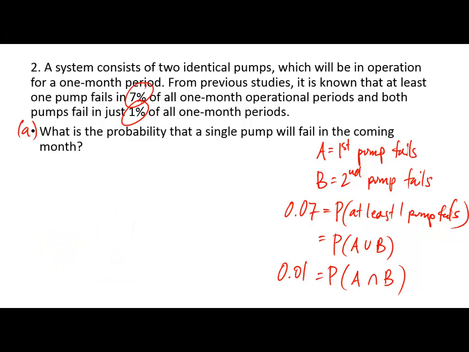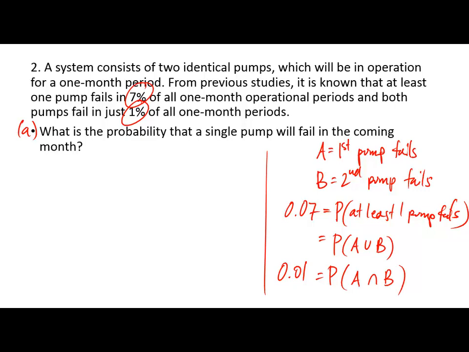Now that we have the information they've given us written out, what's the strategy here? Anybody have any ideas? Use subtraction.